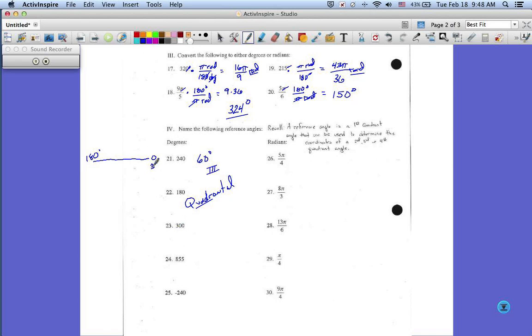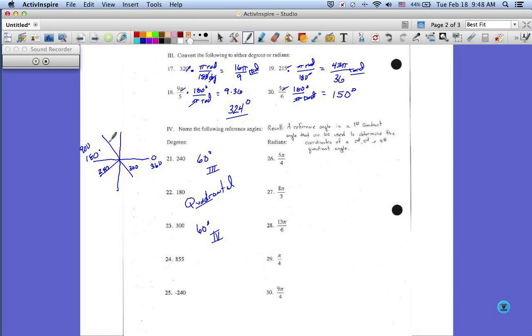300, well, this is 360 here as we go one full revolution, right? So we're 60 degrees away from that in the fourth quadrant, right? Quadrants are split up here. So here was 240, boom, 240. Here was 300. 855. So we have 360, we have 720, and then another 180 is 900.